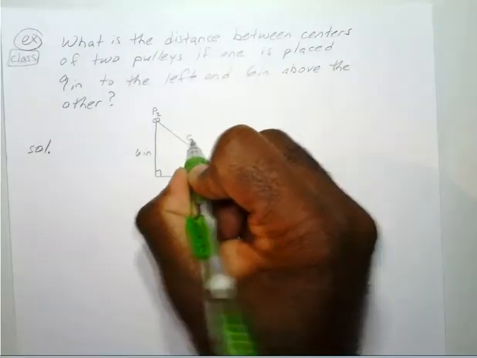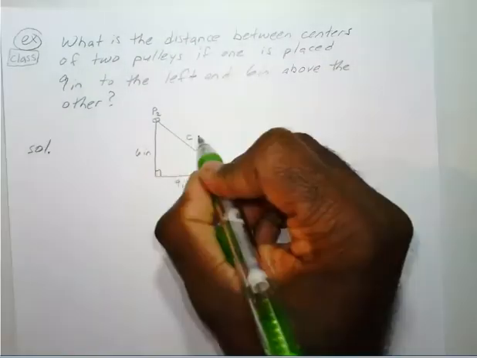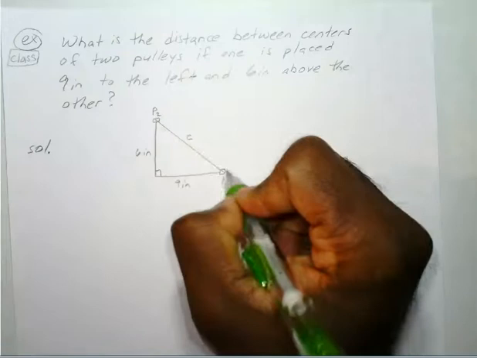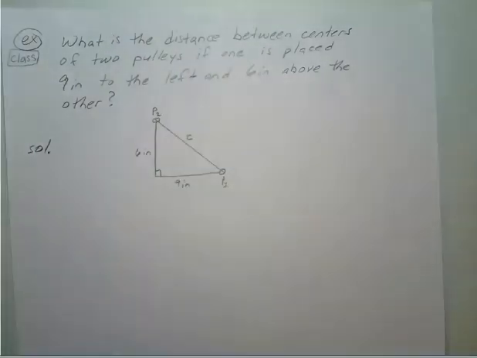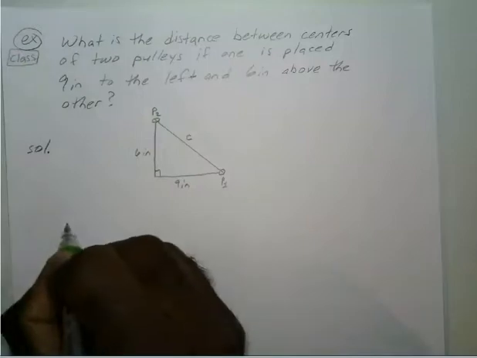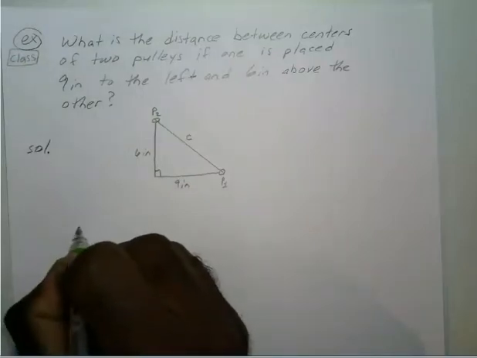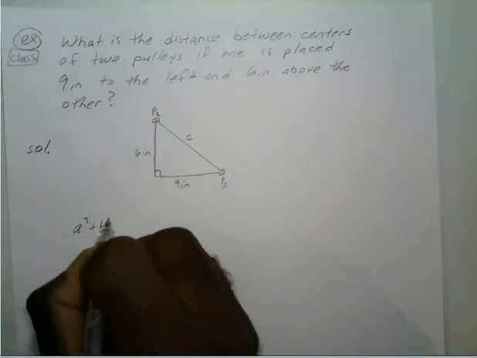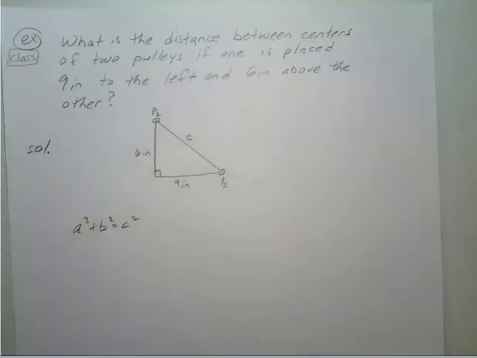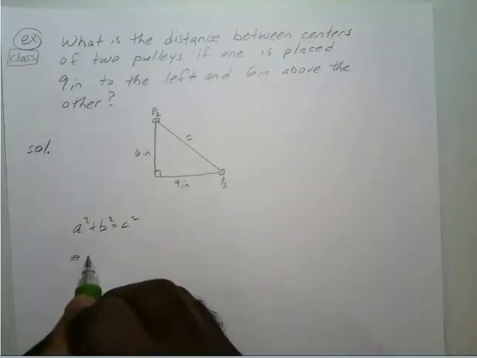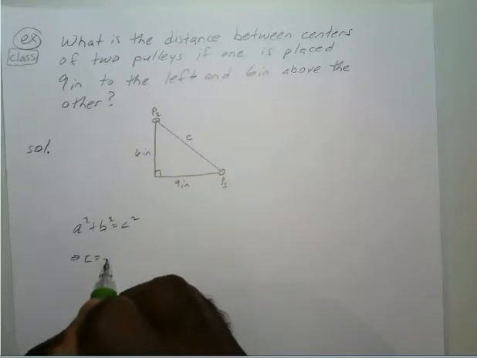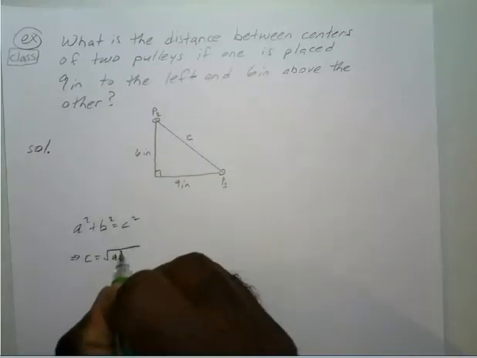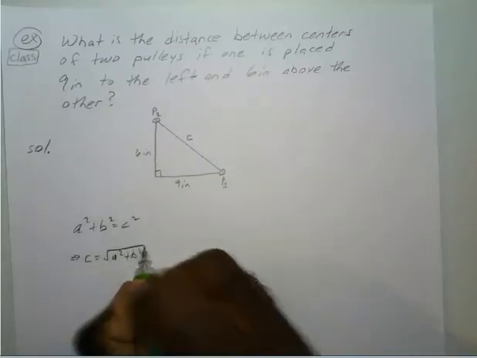I'll call it C. Okay, so we want to know what this distance is between pulley number 1 and pulley number 2. Okay, so we know that a squared plus b squared equals c squared. And if we square root both sides, c equals the square root of a squared plus b squared.